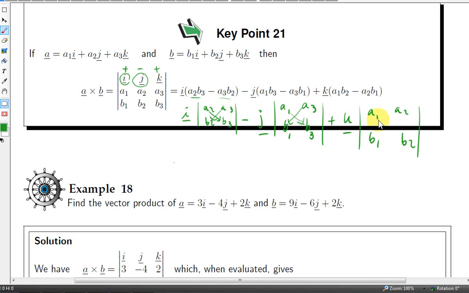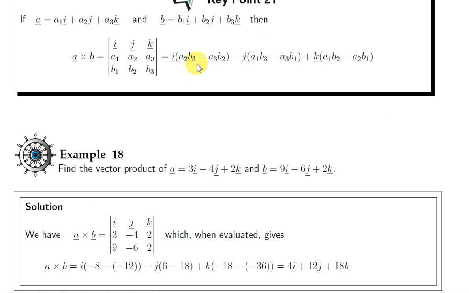Similarly here, plus k times A1 B2 minus A2 B1. So if you're well versed in calculating determinants of 3 by 3 matrices, it's by far the easiest way to get the cross product. You don't want to be memorizing this thing here. So that formula checks out.